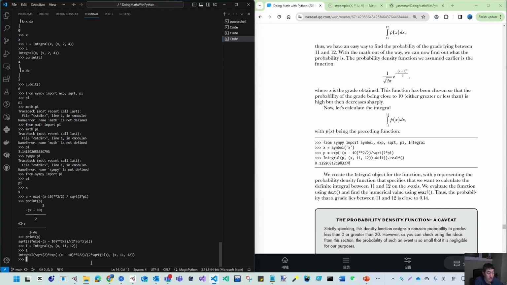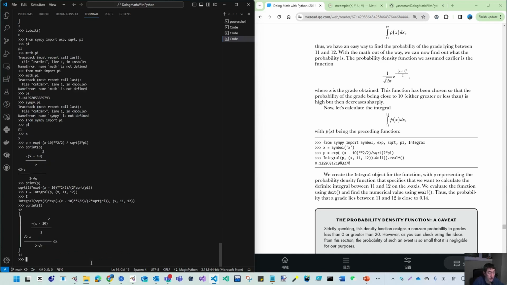So I is this one. Let's make the pretty print of I. You can see here we have this range with the integral symbol, here is the p(x), and here is the dx. Then what we can do is start doing I dot.